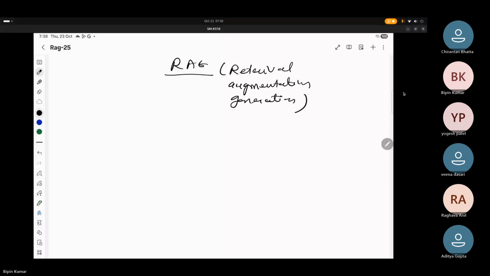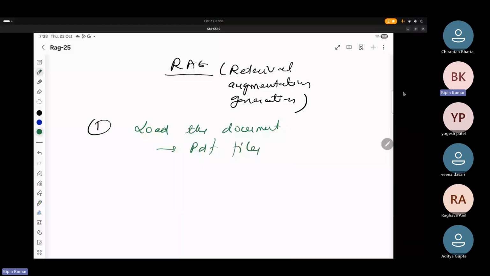Okay. So till now we have seen the different things, like we have learned how to load the document. In this we have seen PDF files, how we can load the PDF files.